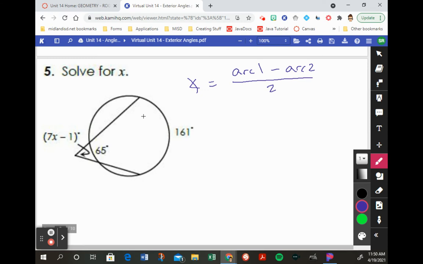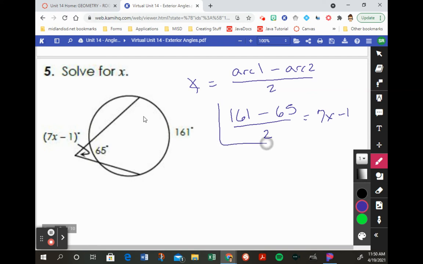Well, remember arc 1 is the big arc. So 161 minus 65 over 2 is equal to 7x minus 1.